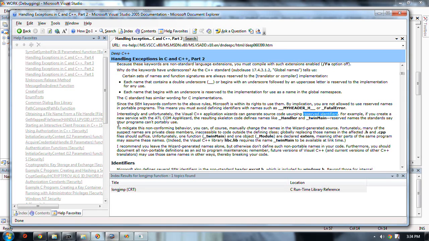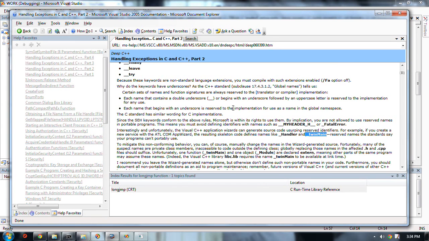For instance, if you create a new service with the ATL COM app wizard, the resulting skeleton code defines names like underscore Handler with a capital H. And what's wrong with this one? That's reserved too? Oh, okay. No, nothing. You can't use an underscore anywhere in the global namespace, right? Yeah, okay. In the global namespace, no underscores at all. So it's probably okay for a member variable.